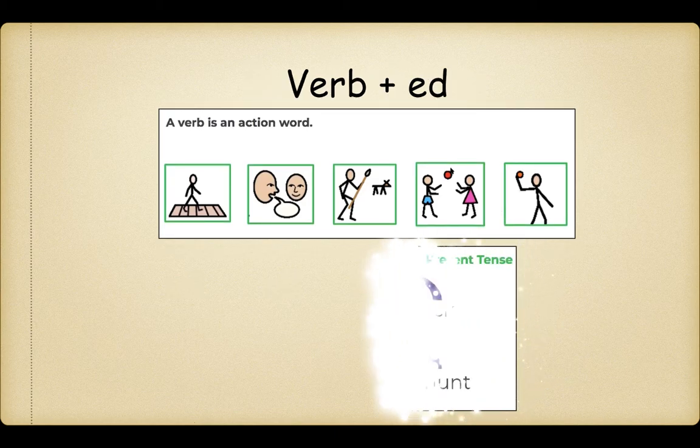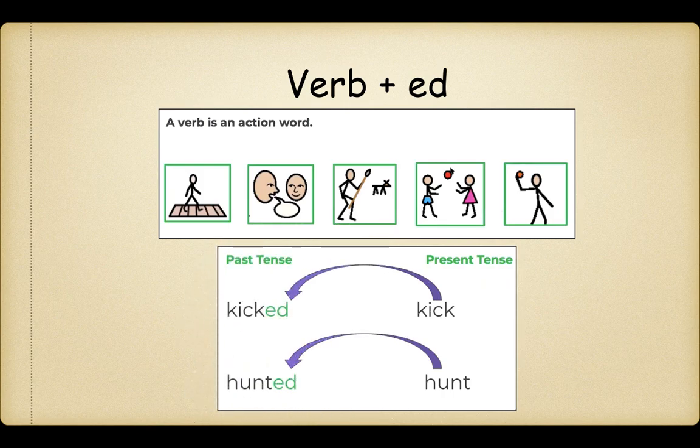And we can add ed to verbs to make them in the past tense. So you can kick a ball, which means you're doing it right now, or if you kicked the ball, you did it in the past. You can hunt, which is present tense, but if you hunted, it means that you've already done the hunting, so it happened in the past.